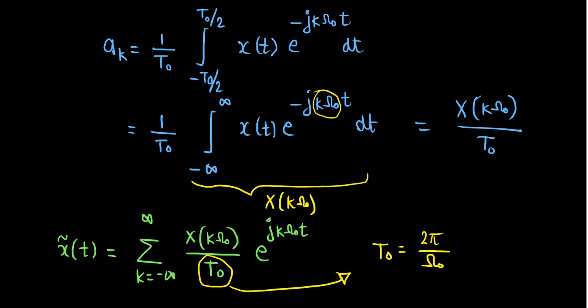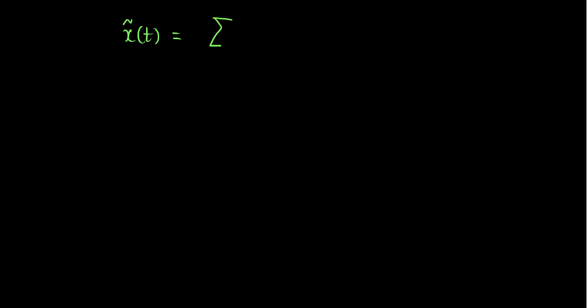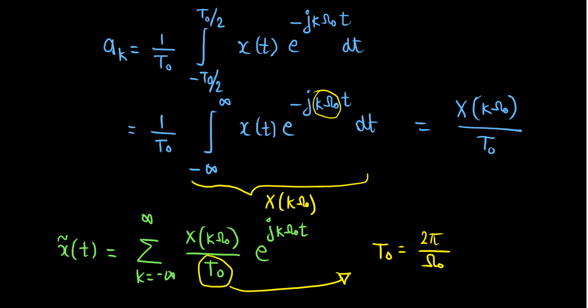So the expression is going to be x tilde of t equals summation k running from minus infinity to infinity. So that is 1 upon 2 pi, being a constant, I'll take it outside, times, you can see that this t naught is being replaced by 2 pi by omega naught.